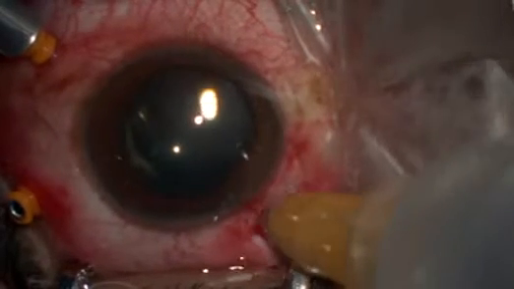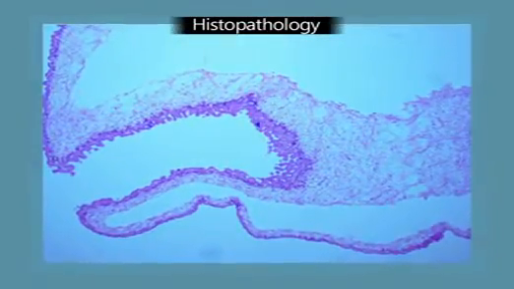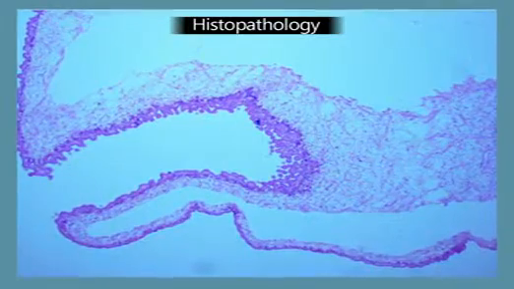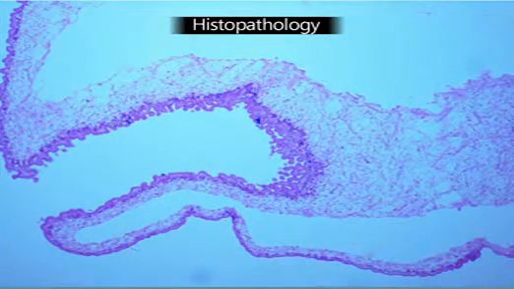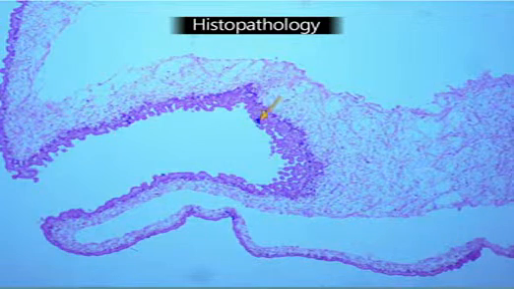After fluid air exchange, the retina was attached, endolaser photocoagulation was performed around the retinotomy, and silicone oil was injected.